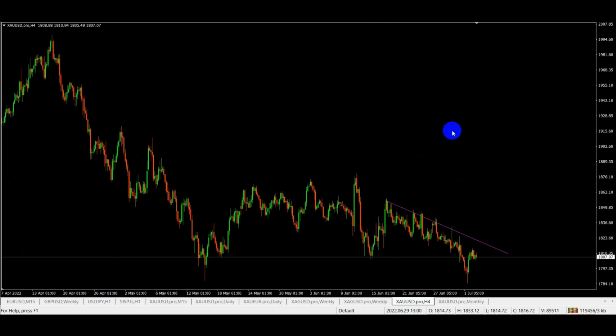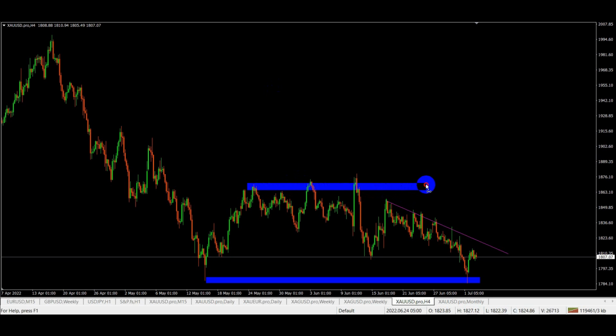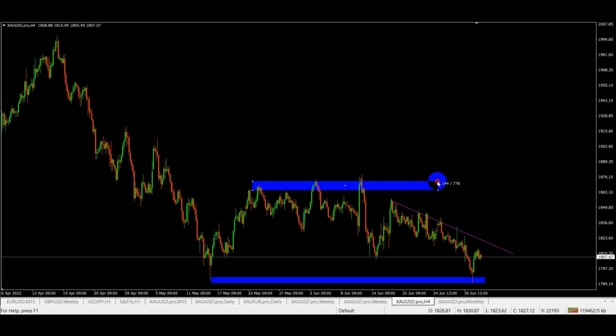So we have an idea that the price usually goes from this demand or the top price. I randomly drew this, connecting this high onto this high almost. So the price traps and from there it drops.